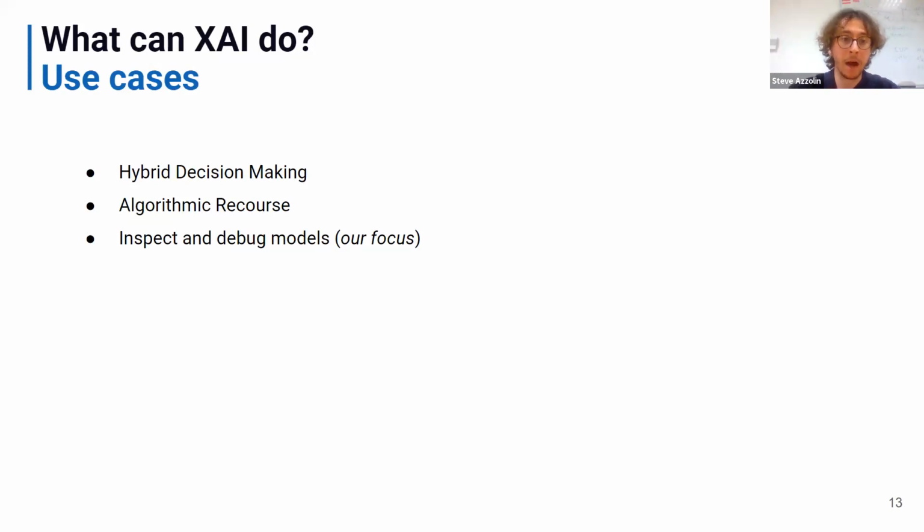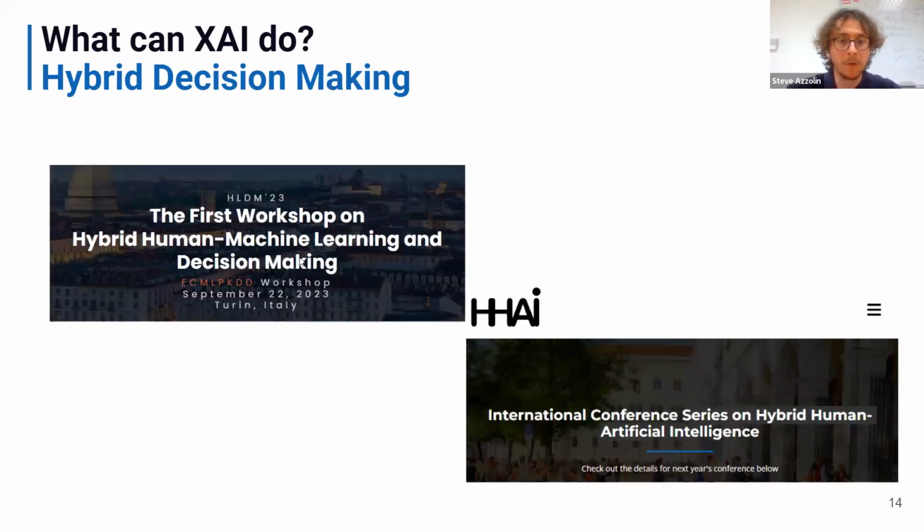Starting from hybrid decision making, which is a very trending topic right now, I would say, and this is testified by the fact that just a few months ago there was the first workshop on hybrid human machine learning and decision making at the SML PDE conference in Turin, and also very recently the first international conference on hybrid human artificial intelligence was created, with the aim of developing new algorithms that can cope better with the human.